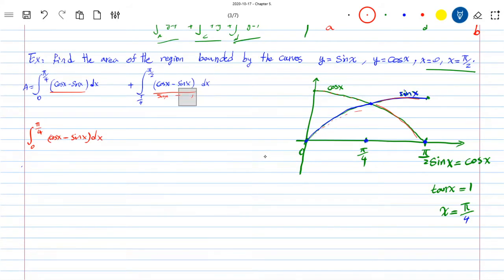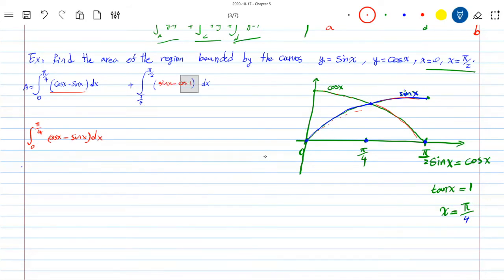But if you do it the other way, you'll notice it's exactly the same number with the opposite sign. Whatever you get, say pi over 3, if you do it in this order you'll get negative pi over 3. I'm going to avoid having a negative by doing it as sine x minus cosine x.